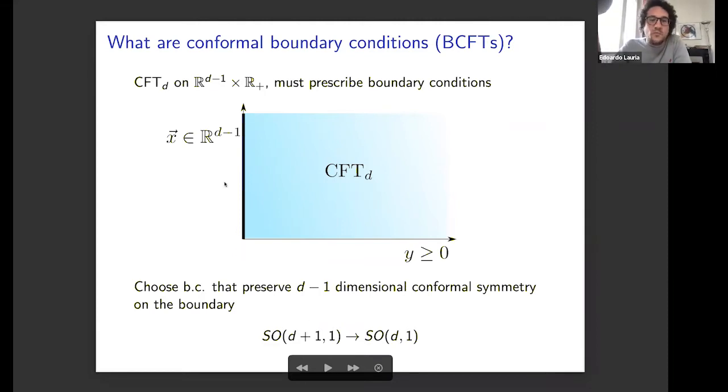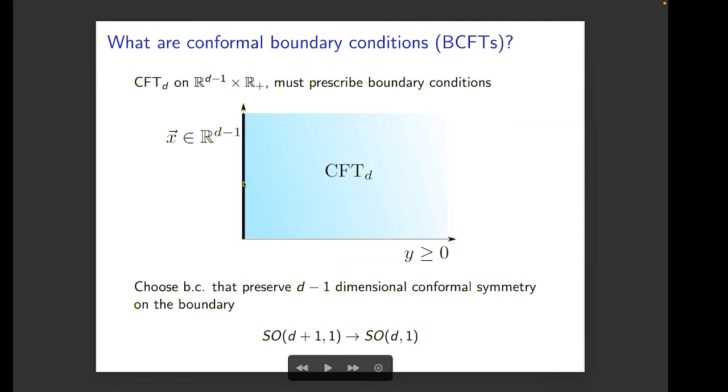This group contains D-1 translations, SO(D-1) rotations, but also dilatations and special conformal transformations.